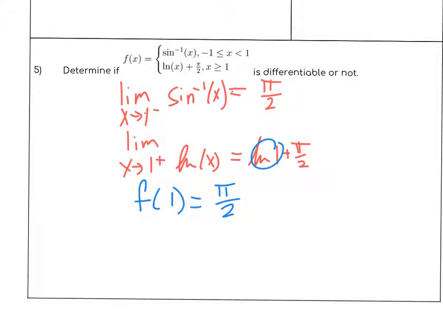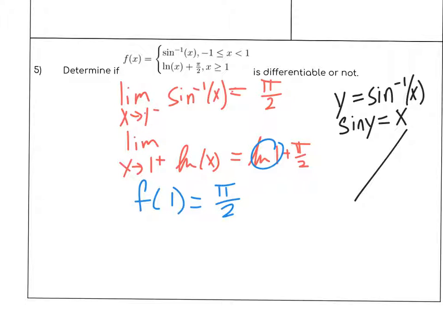We're going to check the derivatives, and we're going to start with the derivative of sine inverse of x. So we've got y equals sine inverse of x. That also means that sine y is equal to the x value. If I draw a triangle with an angle of y, we know that sine is the opposite over hypotenuse, in other words, x over 1.